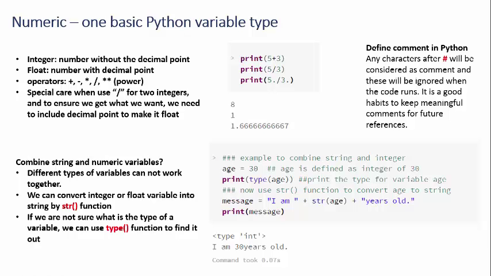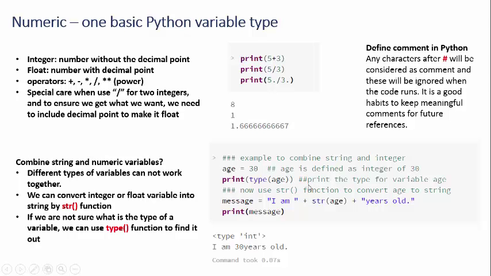The program is going to ignore anything after the pound sign, but the comment is more for us, for humans to read, and it can have a lot of explanations of what this piece of code is doing. It also helps you in the future when you want to understand what you have done in the past. Comment is a very useful feature. And the comment can start at the beginning of the line or in the middle of the line.